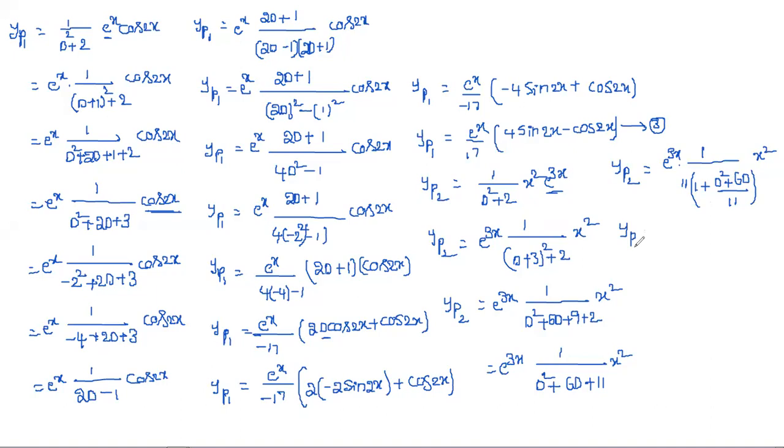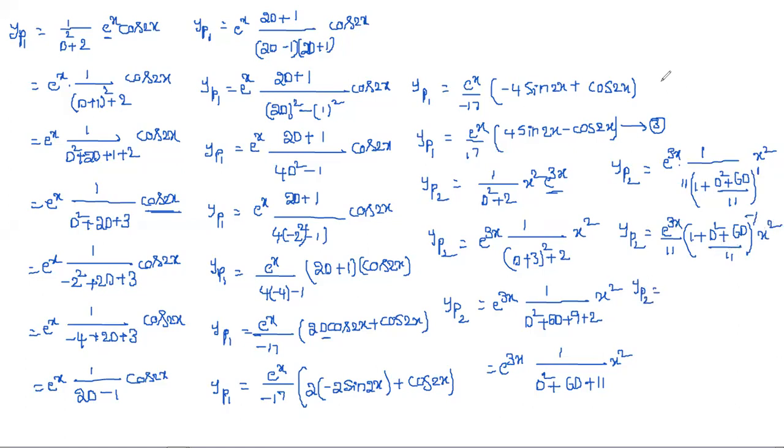So yp2 is equal to e power 3x by 11 into, so take this into the numerator. Here it has power 1. When it comes to the numerator, it changes to (1 plus (D square plus 6D) by 11) whole power minus 1 into x square. Now we need to apply the expansion.